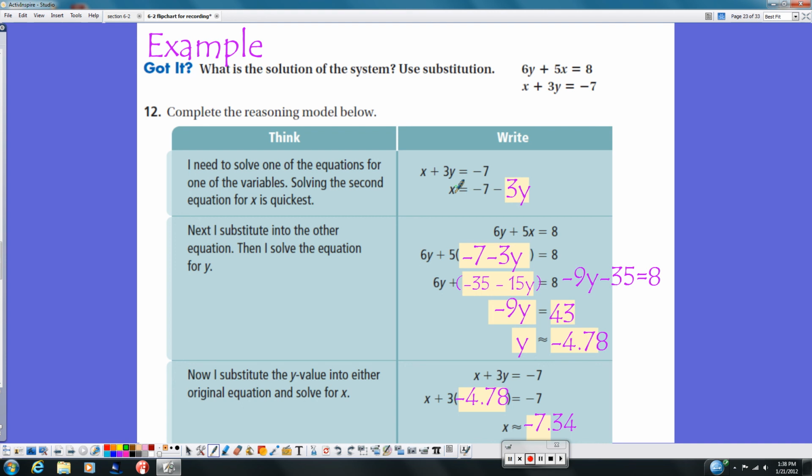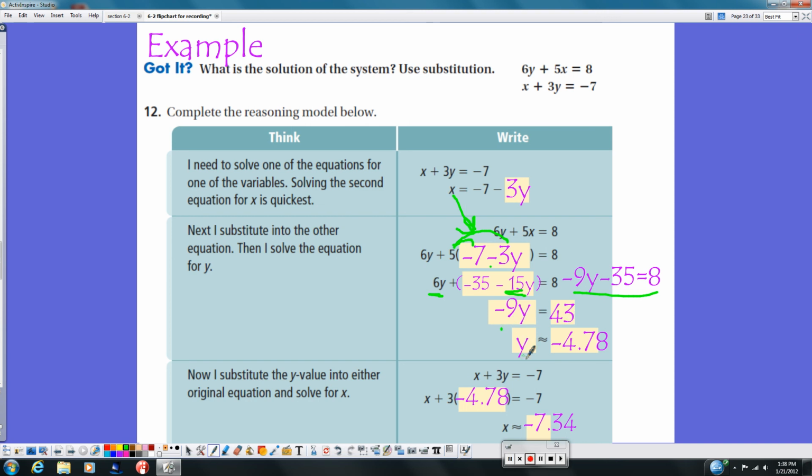We take this and we substitute it in for the x in the first equation. So we have 6 times negative 7 minus 3y, plus 5y equals 8. We end up distributing and combining like terms to get negative 13y minus 42 equals 8.